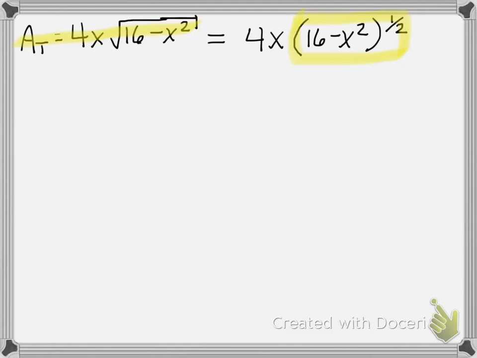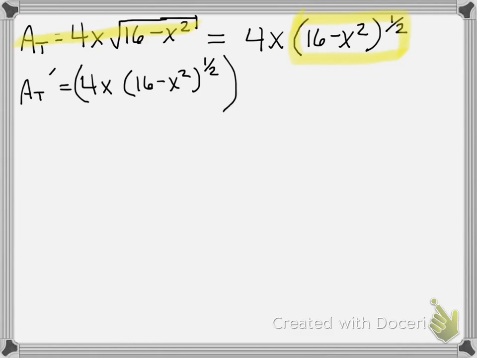So we go ahead and take the derivative. A prime is equal to 4x times 16 minus x squared to the 1/2. And as you can see, we can use the product rule on that.